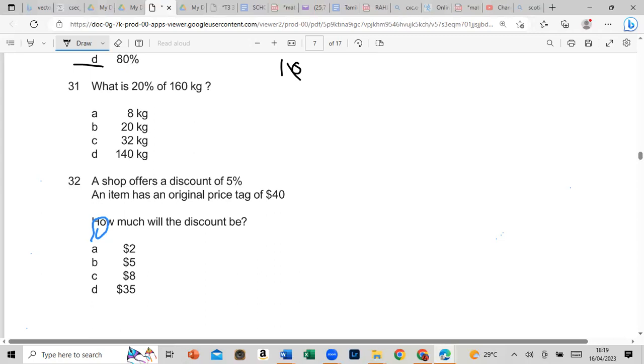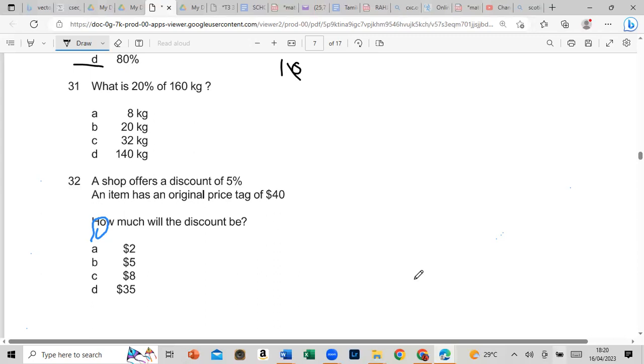Sir, it's C, 32 kilograms. Okay. Anybody have a different answer? No, sir. I have the same answer. Same answer for me. Sir, it's C.